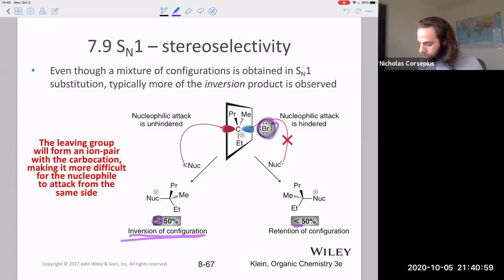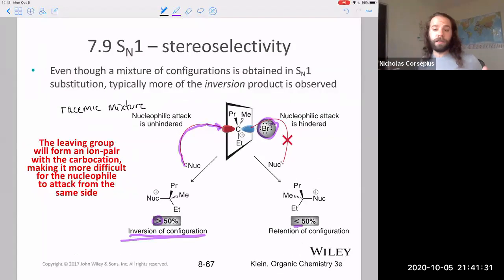So you do have some preference for the backside attack, but it's roughly 50-50. And as far as this course is concerned, to know that it's slightly more than 50, slightly less than 50, that's great. But what we really care about is these SN1 reactions produce a racemic mixture, or a mixture of both R and S configurations.